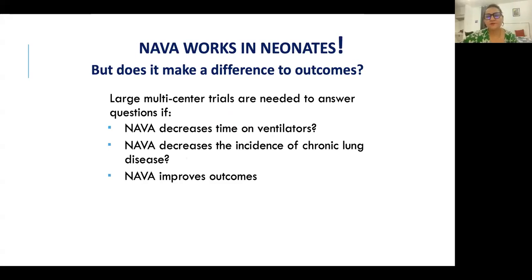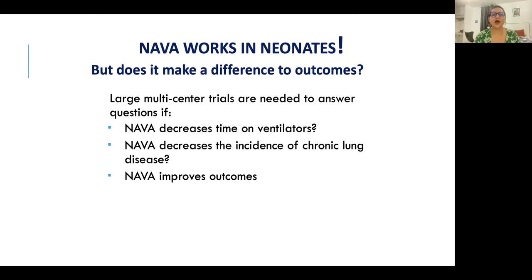But this is all biological plausibility, and always we have seen that there is a biological plausibility, and then we start doing some intervention, and then we need to look at whether that biological plausibility really works in our babies or not. How do we know unless we have evidence?